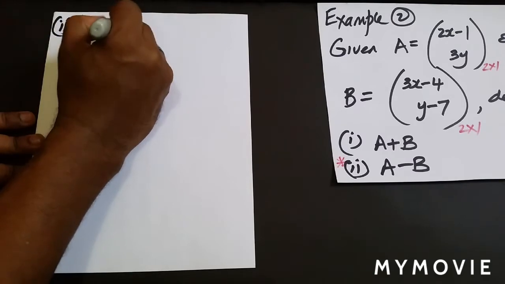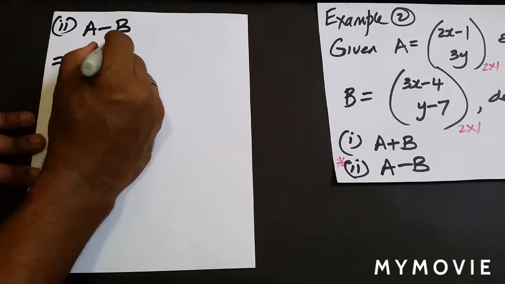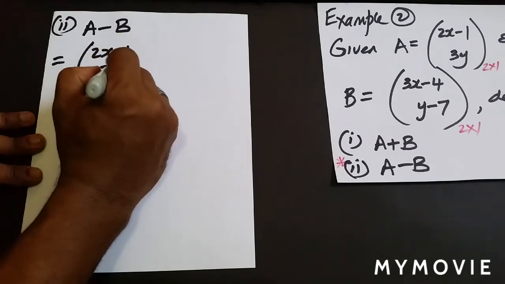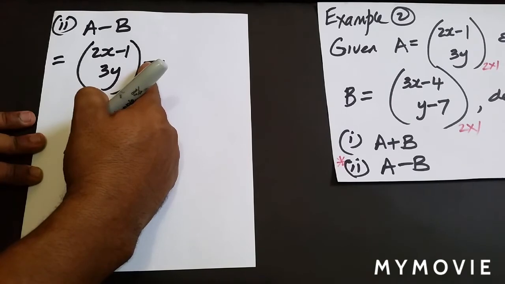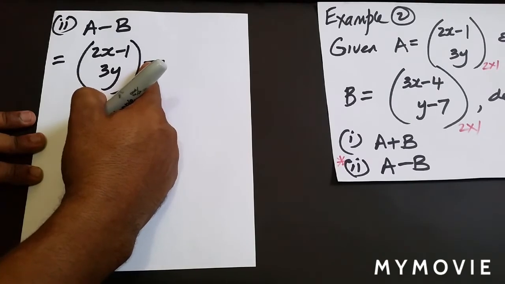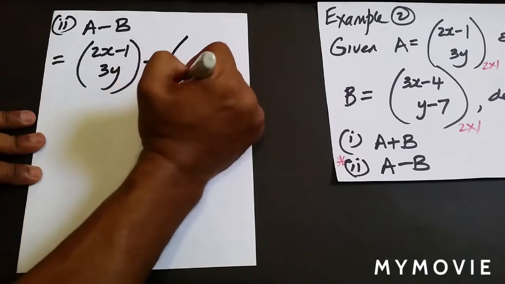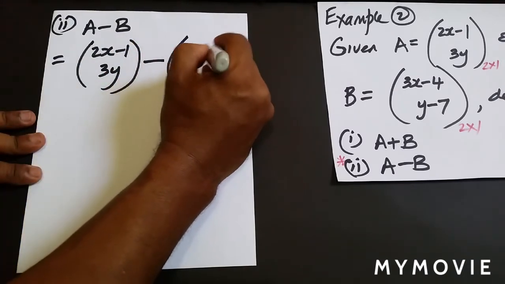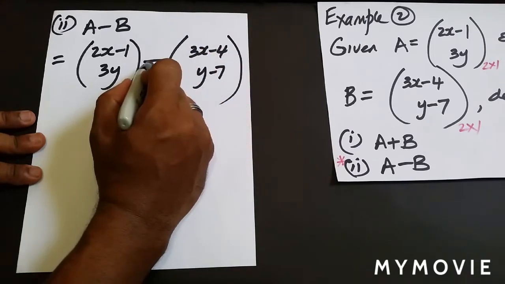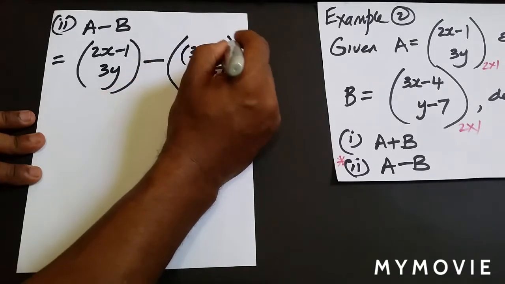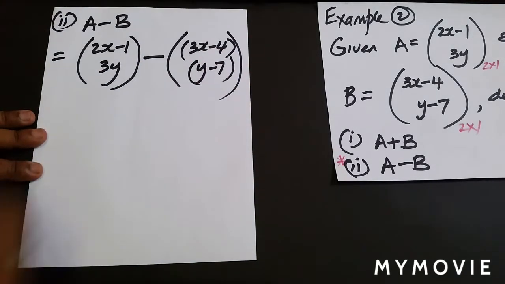It's A minus B, and again A comes first, and that is 2x minus 1, 3y. It's a subtraction problem, so you definitely have to put brackets on the algebraic expressions in the second matrix. Very, very important. So this would be 3x minus 4, y minus 7. I'm just going to put that here because I don't want to forget.